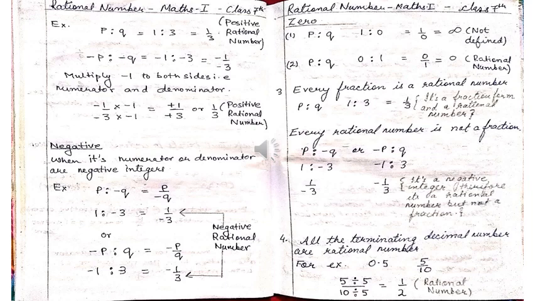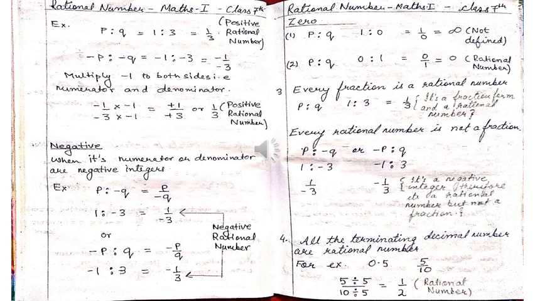Clear? So whether they have positive numerator and denominator, or negative numerator and denominator, the rational number is positive.